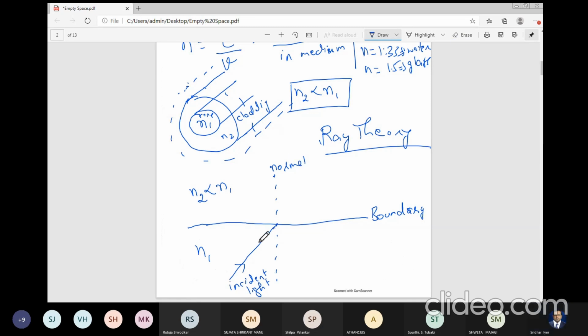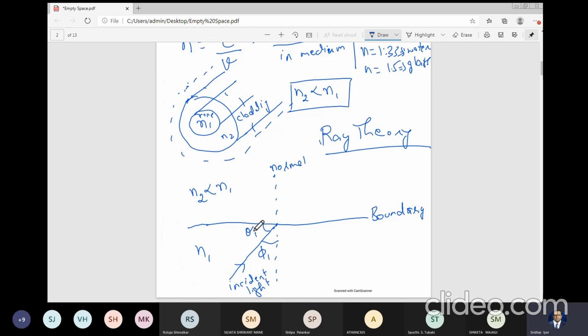Let this incident light make an angle of phi 1 with the normal, and let it make an angle of some theta 1 with the horizontal.